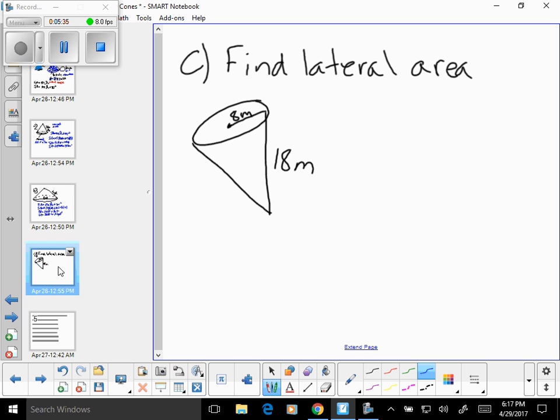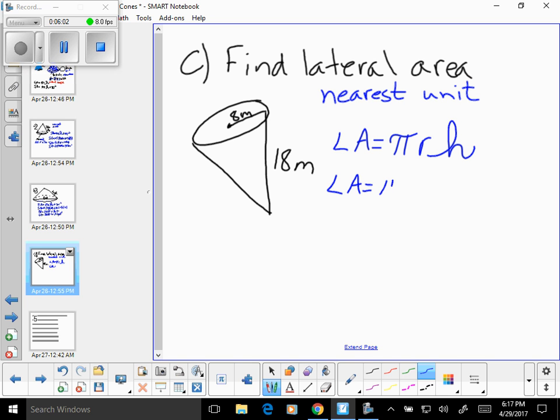C is an example of where they're really only going to ask me for the lateral area. And again, they want to go to the nearest unit, which I forgot to write down on any of my notes years ago. Okay? I just want lateral area. The lateral area is going to equal the pi r slanted height.